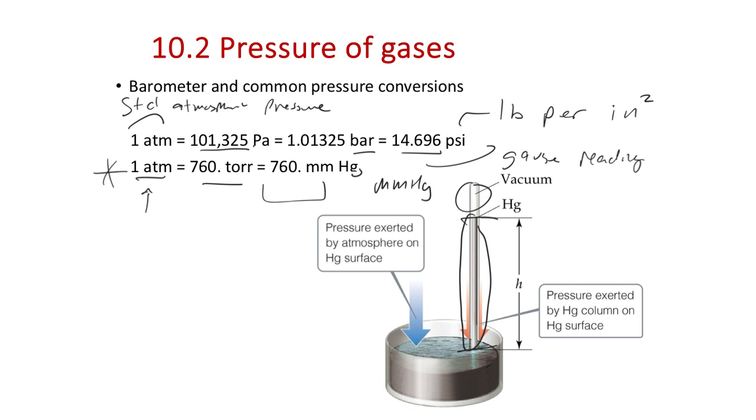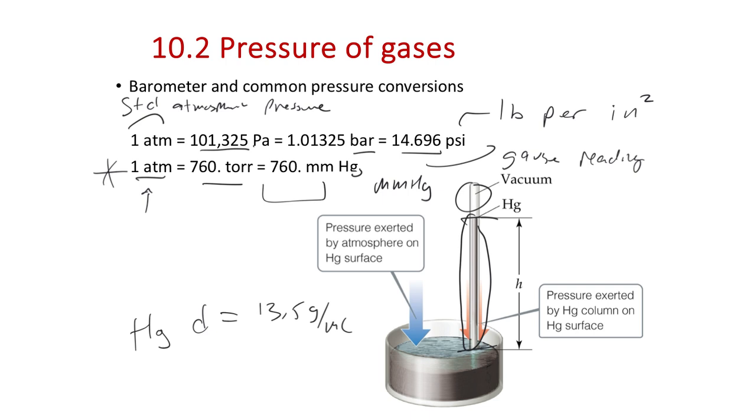The basic idea is mercury has a really high density. The density of mercury is 13.5 grams per milliliter. If we're counterbalancing the mass of the atmosphere with the amount of mercury inside this column, then a liquid with a lower density, like water, whose density is of course 1 gram per milliliter, would need a column 13.5 times higher in order to measure the atmospheric pressure. So if we used water in our dish instead of mercury, we'd have a very tall column to make.